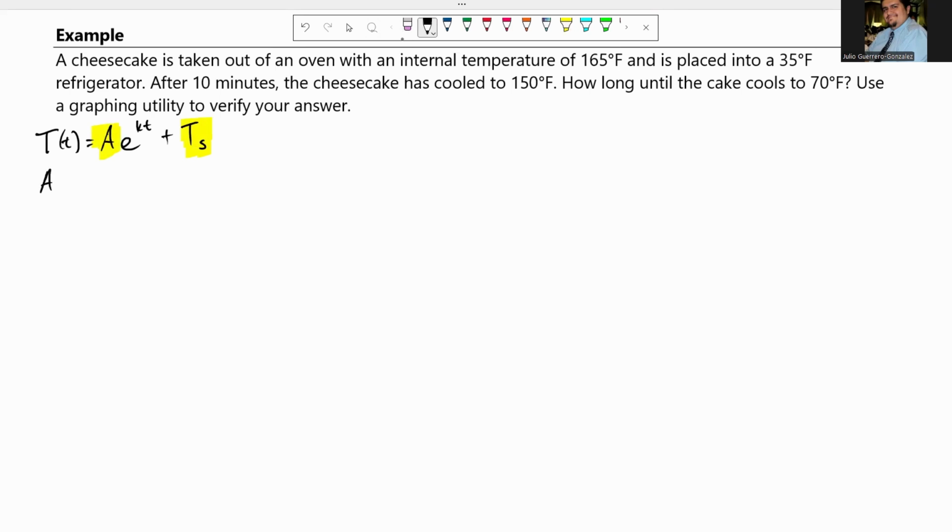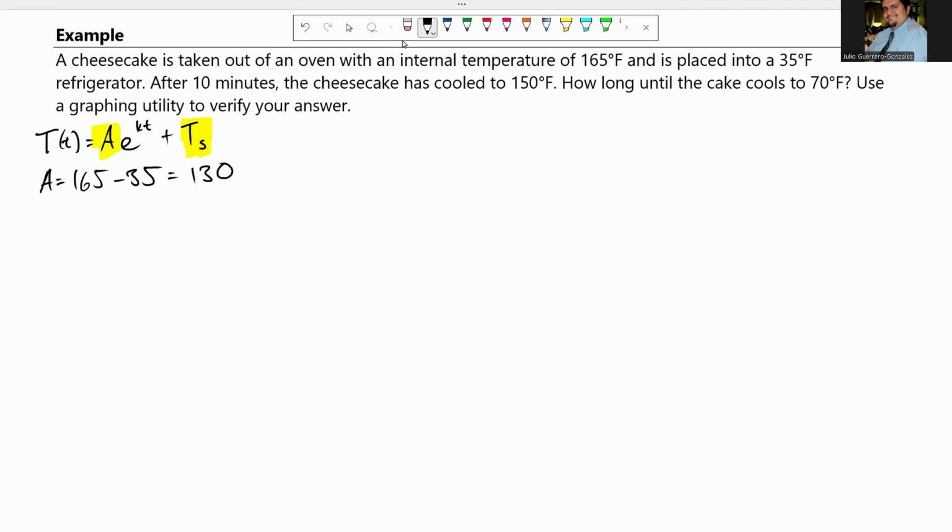Let's start with the A. The A is the difference between the initial temperature and the ambient temperature, the surrounding temperature. This cheesecake started out at 165 and is being placed into 35. So that is going to be 165 minus 35, which is 130.